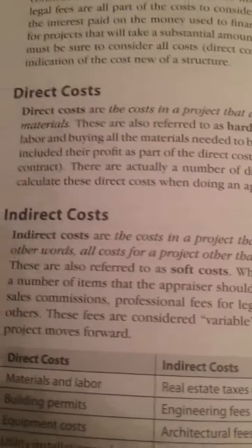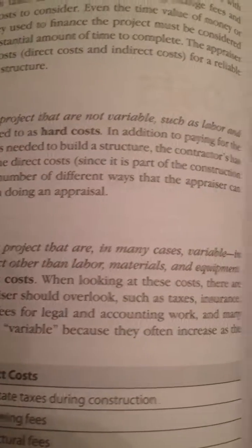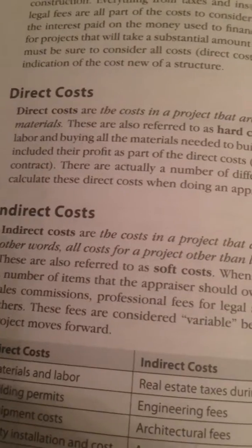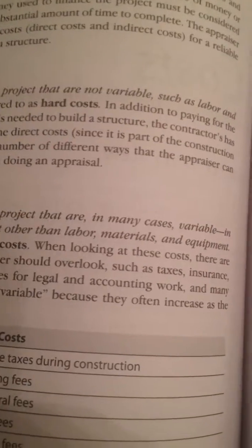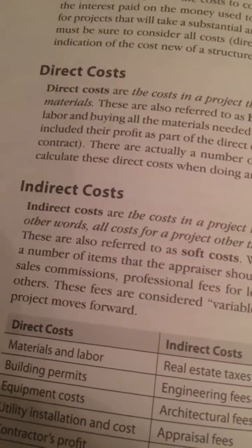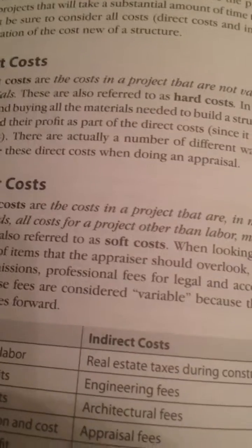Indirect costs. Indirect costs are the costs in a project that are in many cases variable. In other words, all costs for a project other than labor, materials, and equipment. These are also referred to as soft costs.